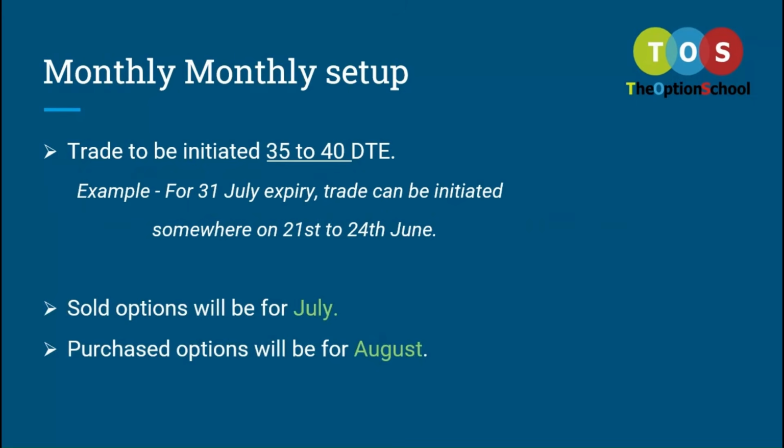It is not necessary that I start the calendar spread from 1st July. I can start it 5-6 days in advance of the beginning of the month. So it can be done from 21st to 24th of June, depending upon whether the right kind of liquidity is available in the chosen strike prices.